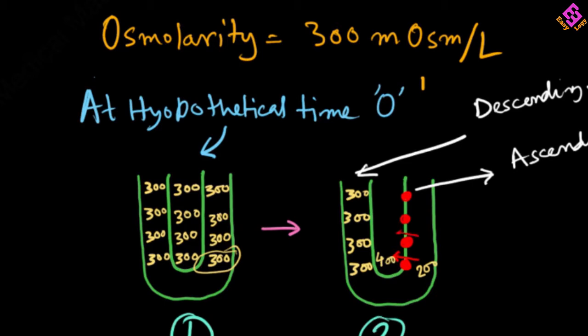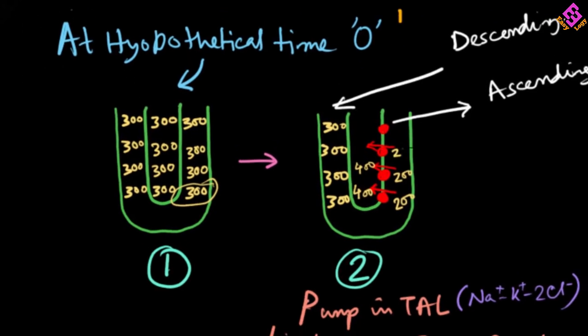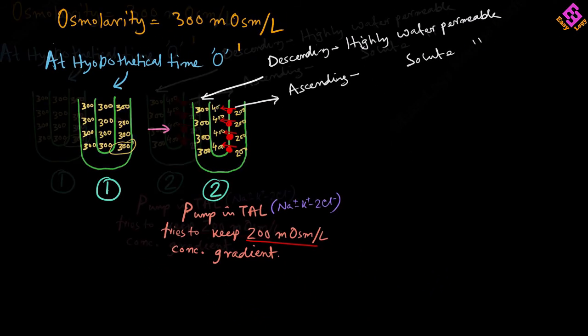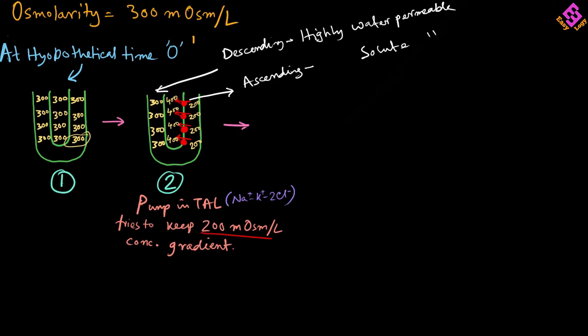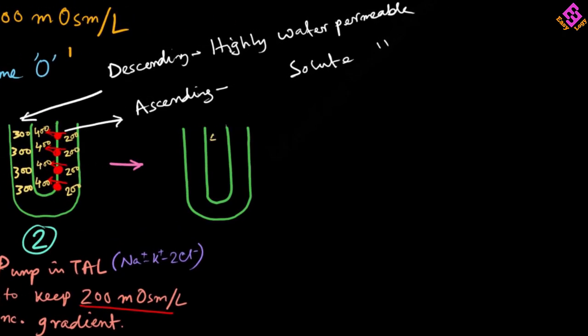Now see, 200 milliosmol per liter gradient is established. Next, what happens is that interstitium got higher osmolarity than the tubule, due to the solute reabsorption from the thick ascending limb.